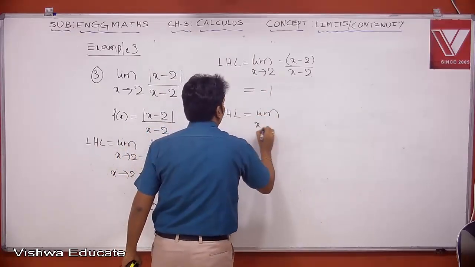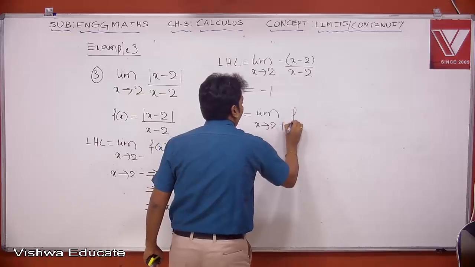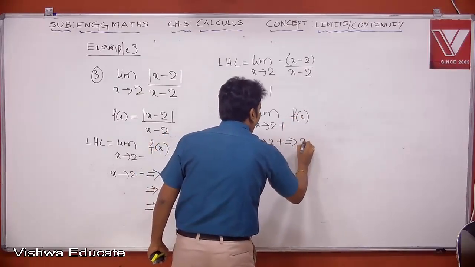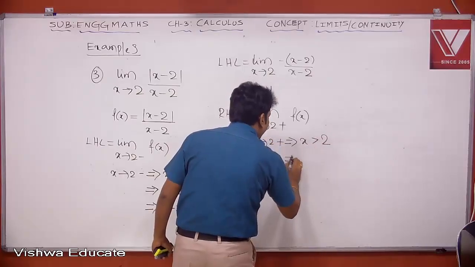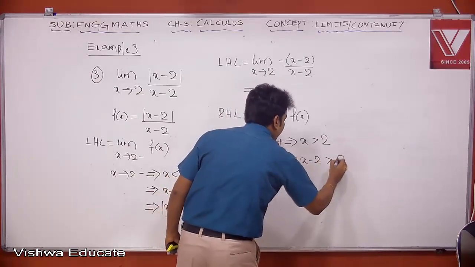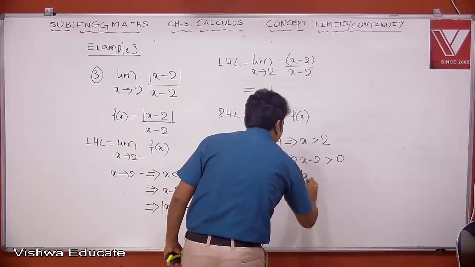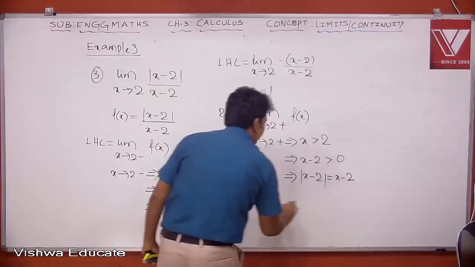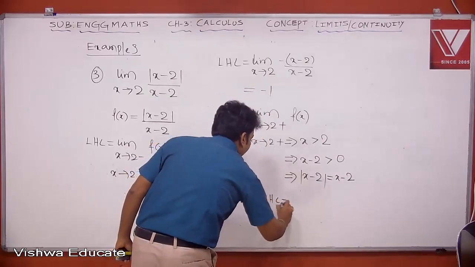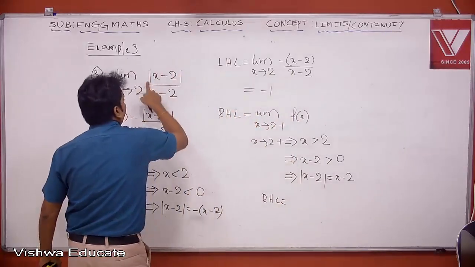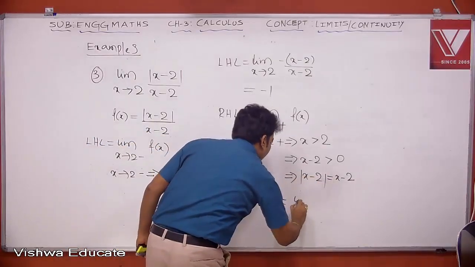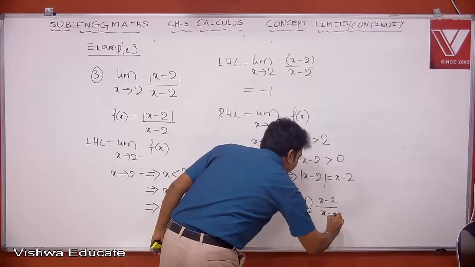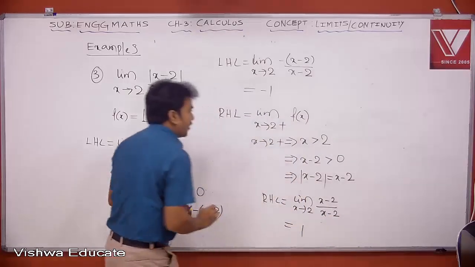RHL equals limit as x tends to 2 plus of f of x. Here x tends to 2 plus means x is greater than 2. When x is greater than 2, x minus 2 is positive, so its modulus is itself. Therefore the numerator is simplified: mod x minus 2 is x minus 2. So this is limit as x tends to 2 of x minus 2 by x minus 2, which is plus 1.